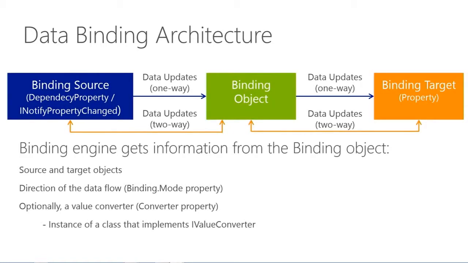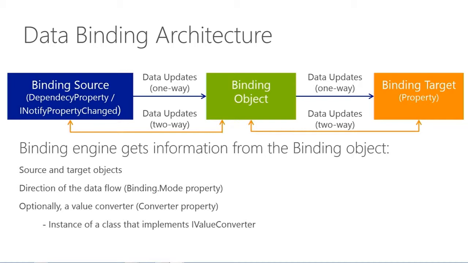So at a very, very high level, this is sort of how it looks, right? You have your binding source, which has implemented dependency properties and notify property changed. And then you're using your binding object to send your updates from your binding source to your binding target that has actually bound itself to the binding object that's getting its data from the binding source.